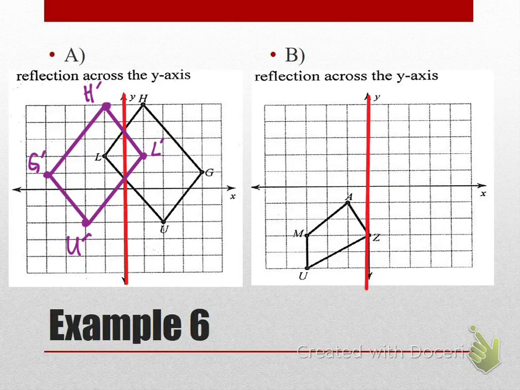How are we feeling about performing these reflections? So far, so good? All right, what's the easiest point on letter B? Z. Z prime stays right on top of Z. Ooh, wrong pen. There we go. Z prime. What about A prime? Right. 1 to the right of my line. And M prime? Right. And 3.